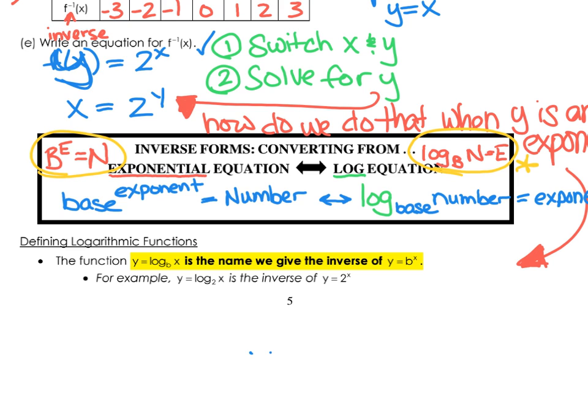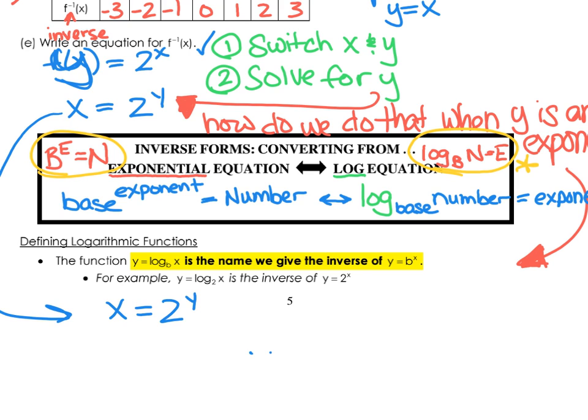All right, so now we're going to go back to thinking about that inverse question. Remember, we were stuck right here. We had x equals 2 to the y. And so now we want to solve for y.